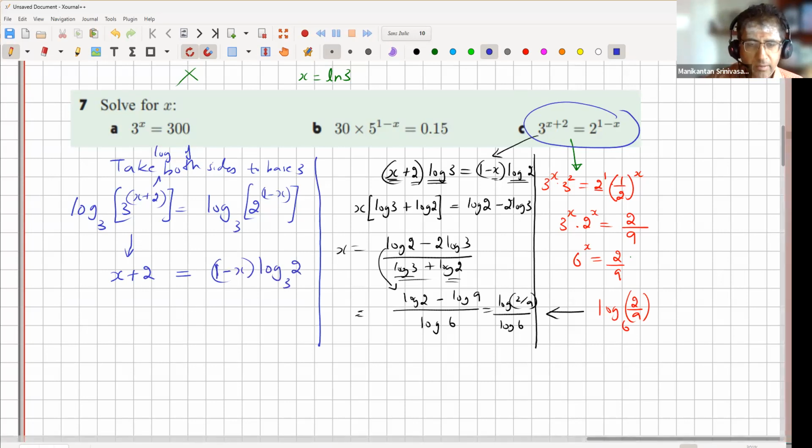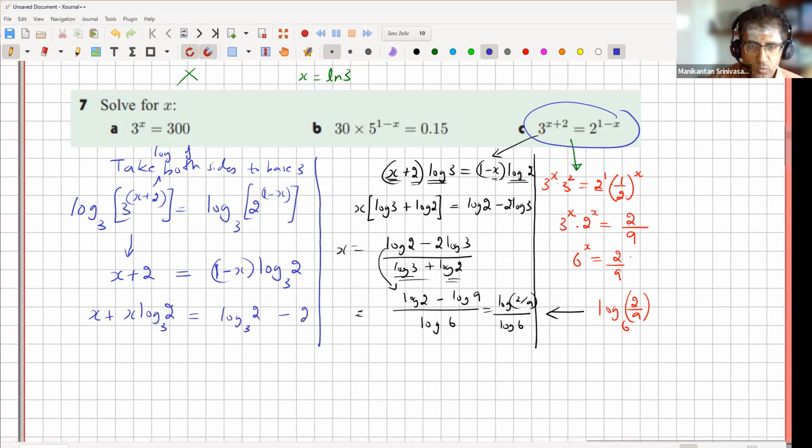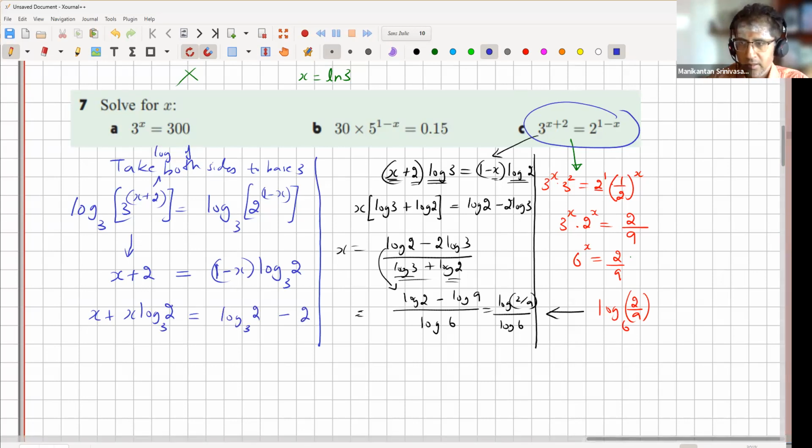Again, like before, I'll collect all the x terms to one side. So x plus x times log 2 to the base 3, I'll move that to the left hand side. On the right hand side, I have log 2 to the base 3, and then minus this 2. The 2 has gone to the right hand side.